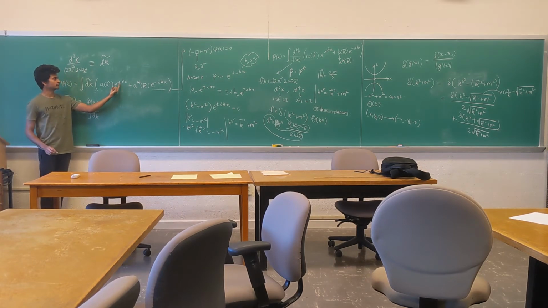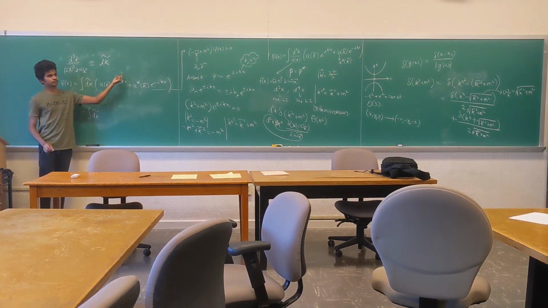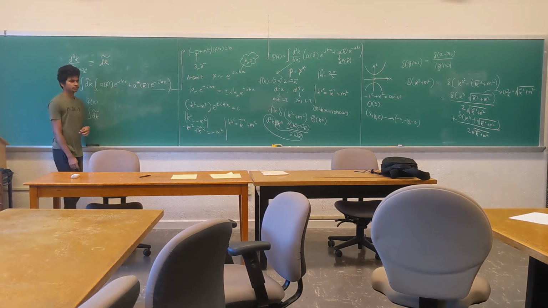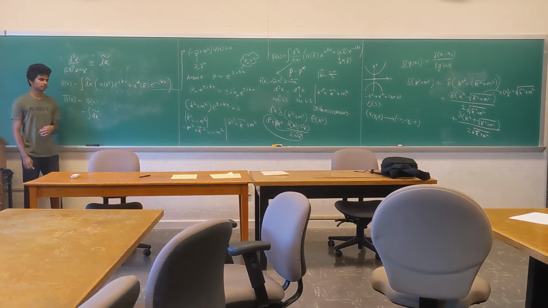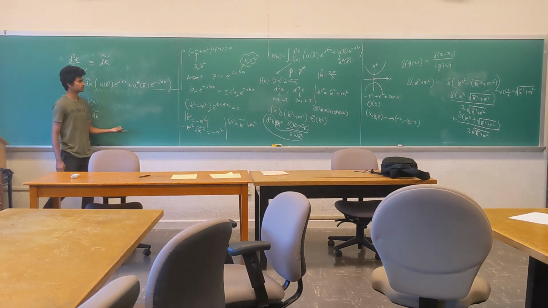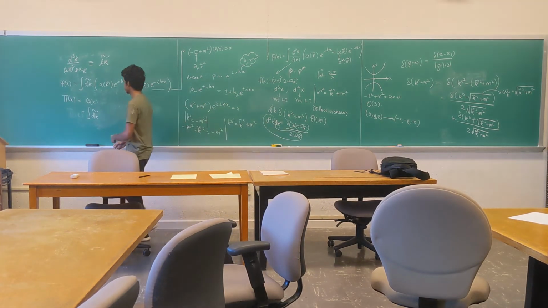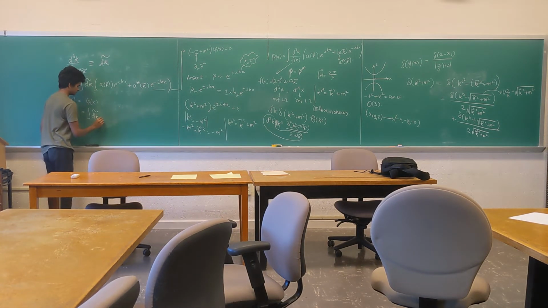And the first exponential has a minus i k naught t. If you take a derivative of that with respect to t, you get minus i k naught, and that k naught is supposed to be omega k. So I get, let's say, minus i omega k from this guy.